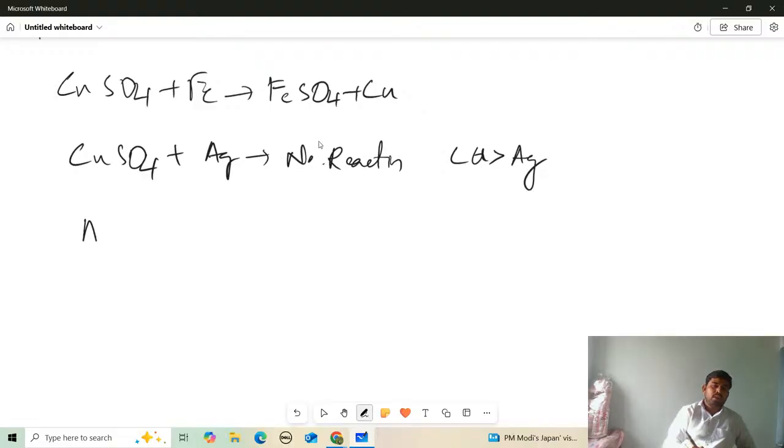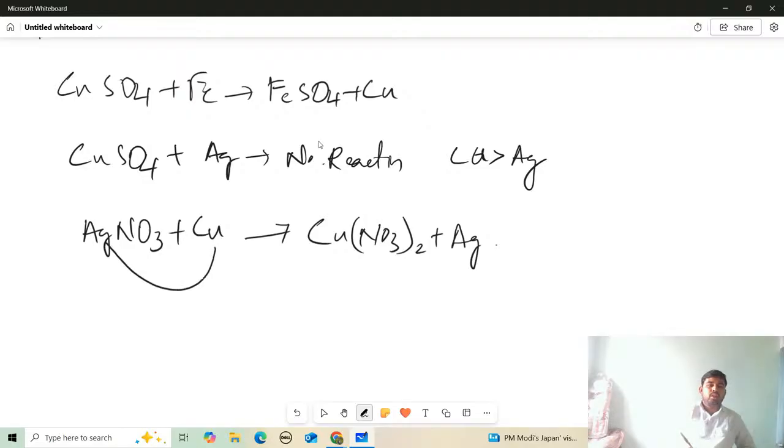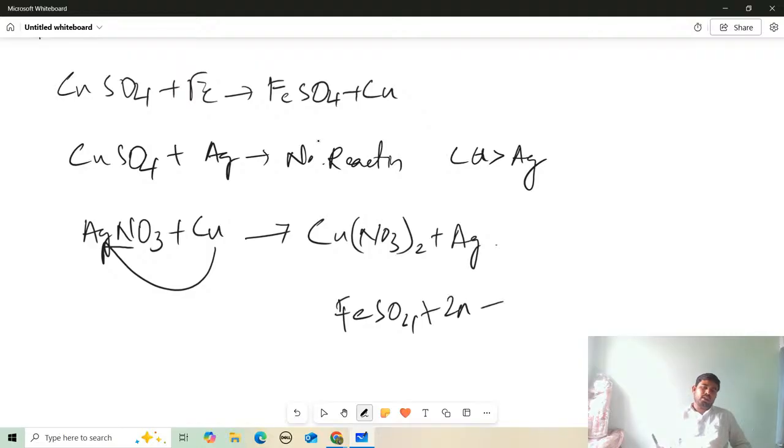Suppose we have AgNO3, silver nitrate, plus we add copper. The reaction is possible, and copper nitrate will form, because copper is more reactive, displacing silver from silver nitrate. Similarly, FeSO4 plus zinc, again the reaction is possible. ZnSO4 plus Fe will form. These are the things we come to know when we know the reactivity series.